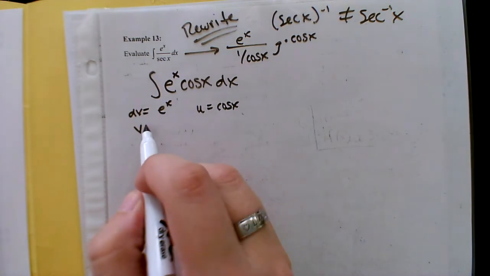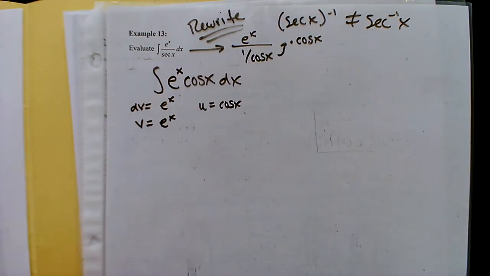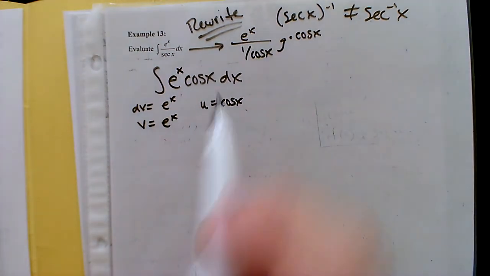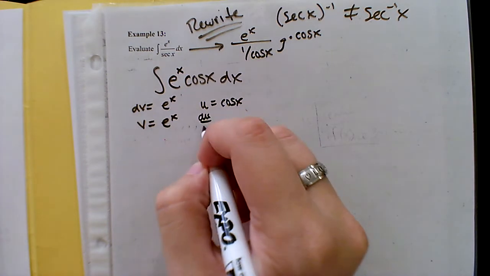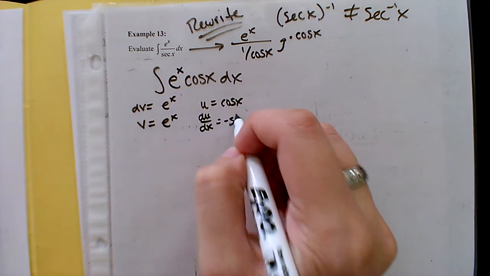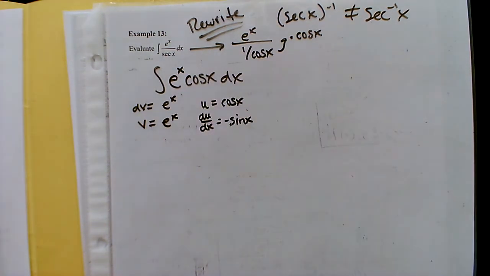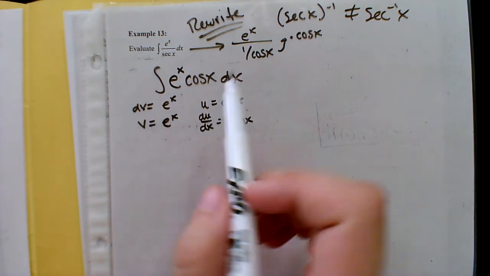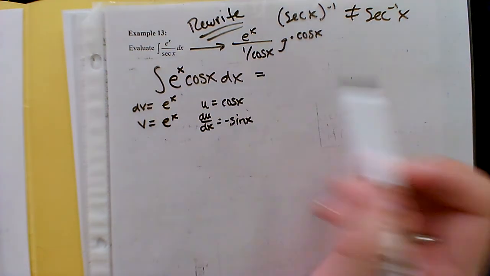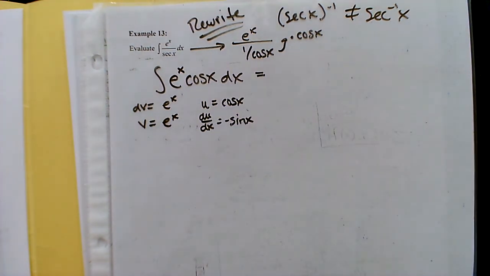There we go. All right, so backwards from e to the x, we would just have e to the x. And the derivative of cosine is negative sine. So this original integral is exactly equal to our by parts setup.